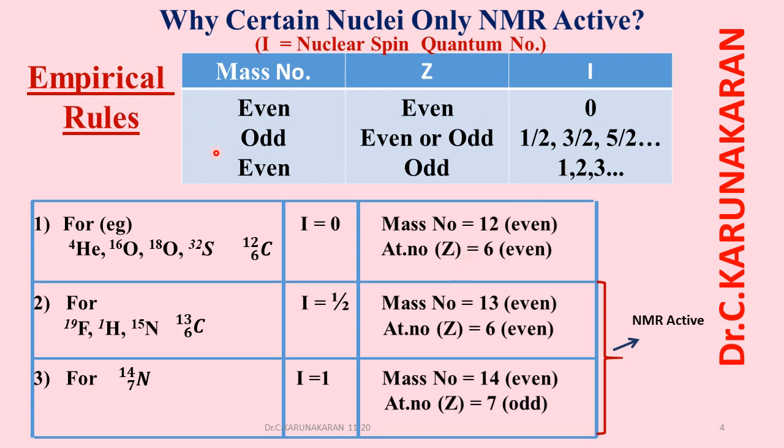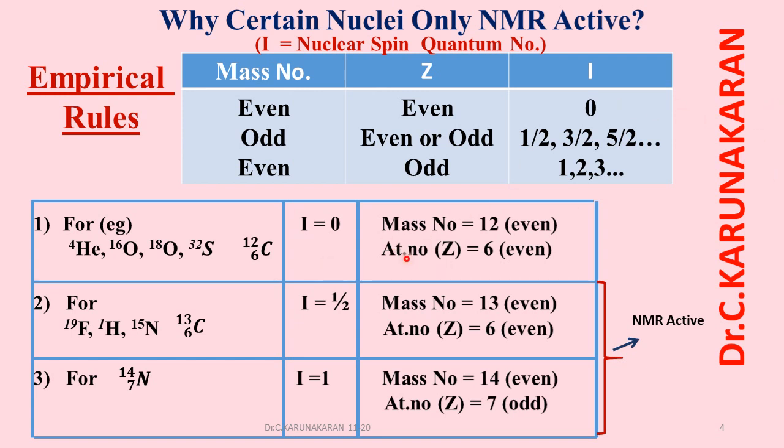There are certain empirical rules which give the relation between mass number, atomic number Z, and the nuclear spin quantum number. For example, if the mass number is even and the atomic number is even, as in the case of carbon-12, the mass number is 12 and the atomic number is 6, both even.